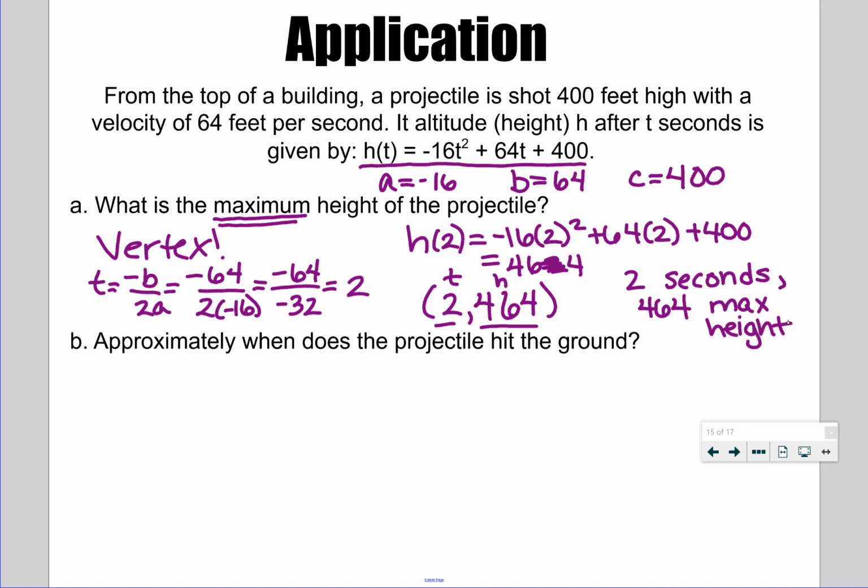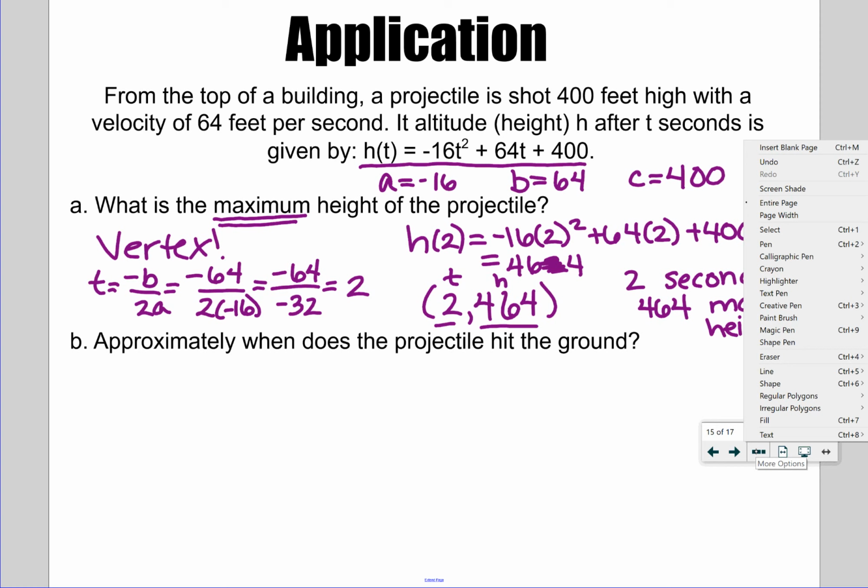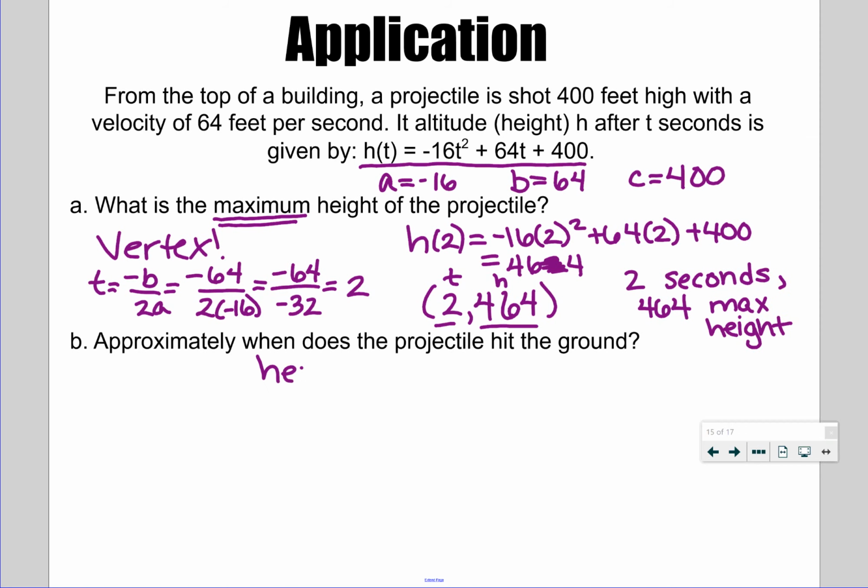Next, we want to approximate when it hits the ground. When something hits the ground, that means the height is equal to 0. So in this function, it would be 0 equals negative 16t squared plus 64t plus 400.